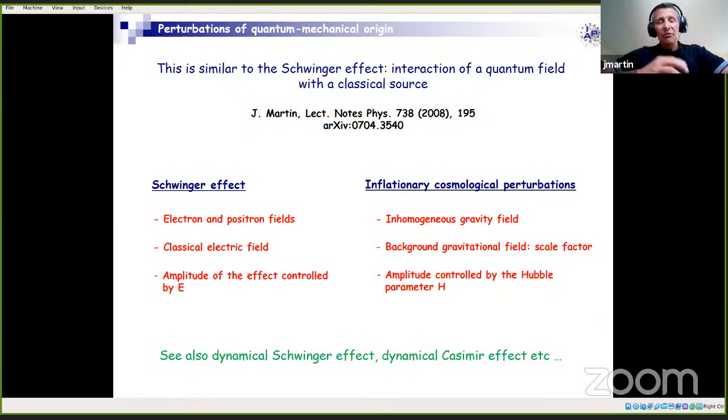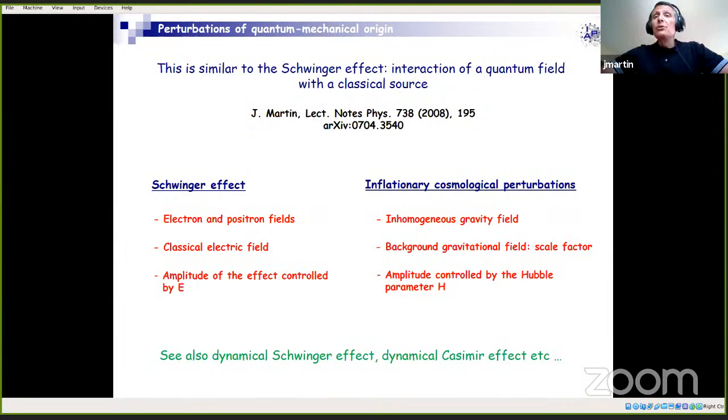And the amplitude of the effect is controlled by the strength of the source, which is the magnitude of the electric field. And there is a one-to-one correspondence between the Schwinger effect and the inflationary mechanism. The role of the electron and positron field is played by the quantum fluctuations of the inflaton and the gravitational field. The exterior classical source is the classical background, the scale factor.